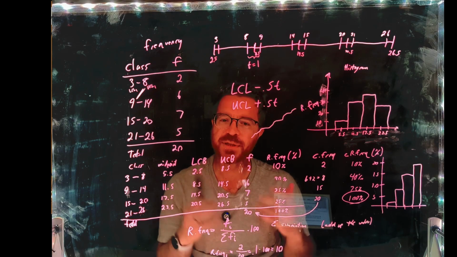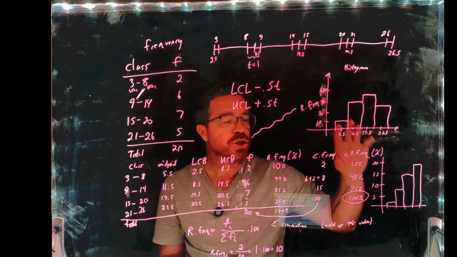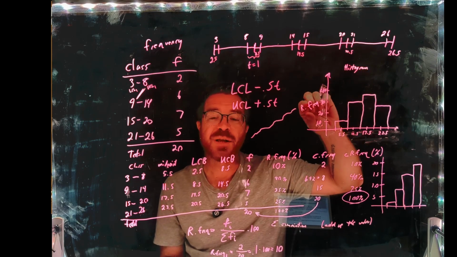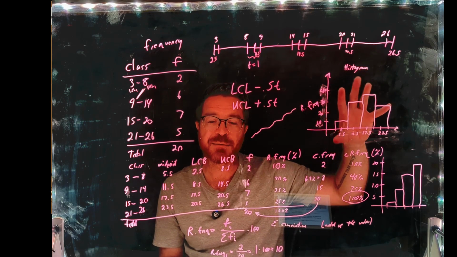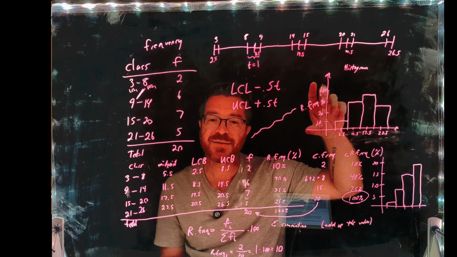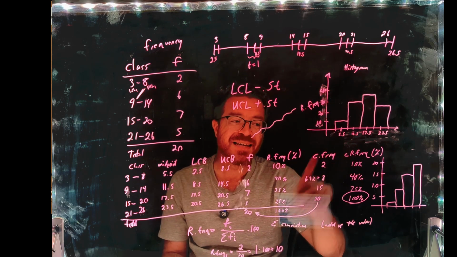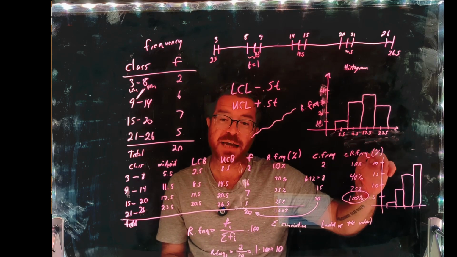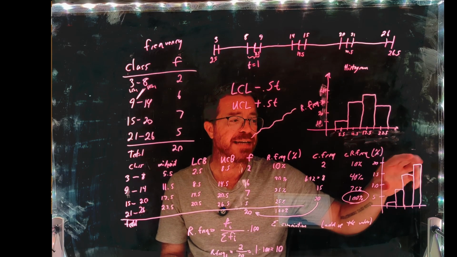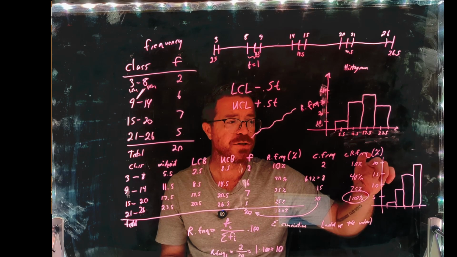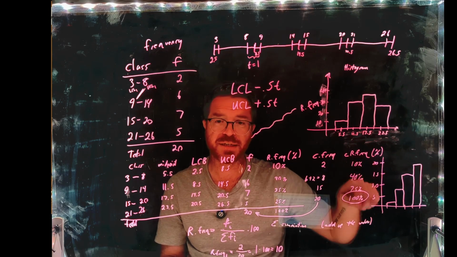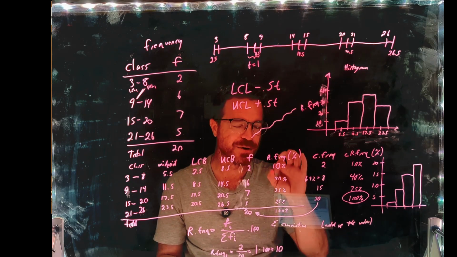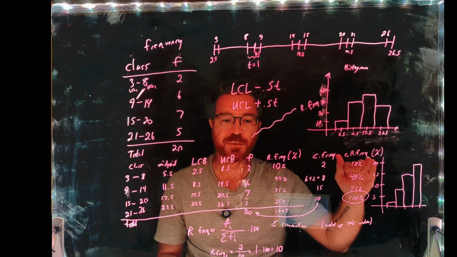One last thing I want to say before this lesson ends is that just like when we went from a frequency histogram to a relative frequency histogram, where they're basically the same graph but the scaling on the y-axis is different, cumulative frequency to cumulative relative frequency is the same way. I could change the scale of this y-axis, and it would be the same basic graph, just with cumulative relative frequency scaling on the left side. And if you do a cumulative relative frequency histogram, it should always end at 1 or 100%.